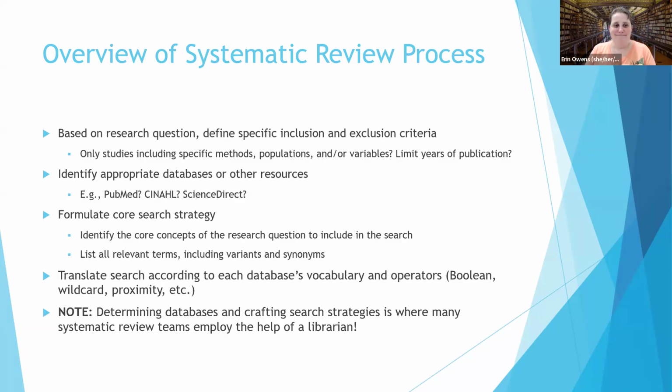There's no prescribed number of databases because you want to identify all of those that are appropriate. So all of those that are going to be considered standards in the discipline that are going to have a significant amount of relevant content, but we also realize that we're limited by things like what does our institution have access to. So it may not be possible to search every single database that one would desire. In general, the best we can say is we want to search more than one.